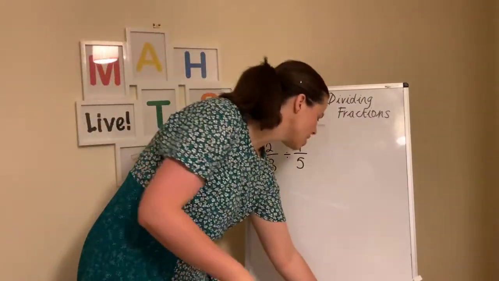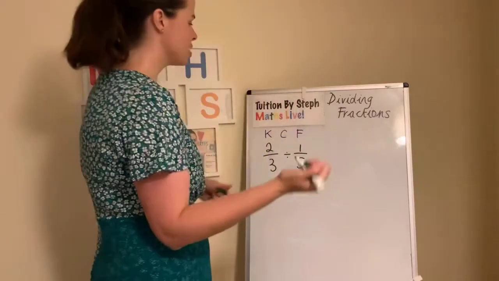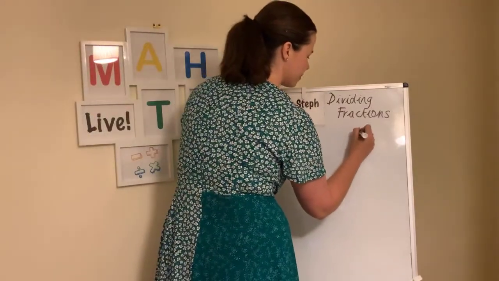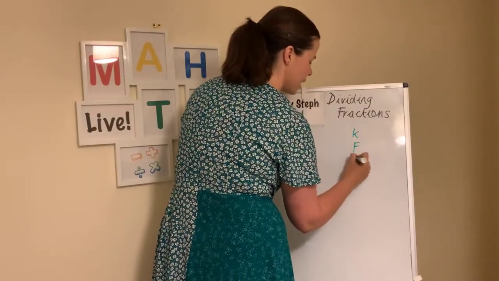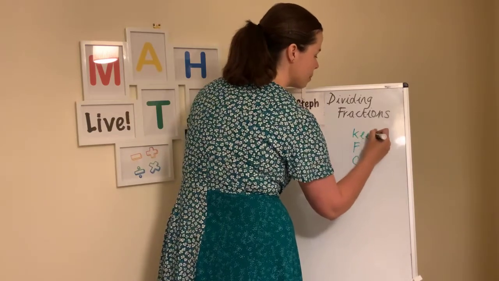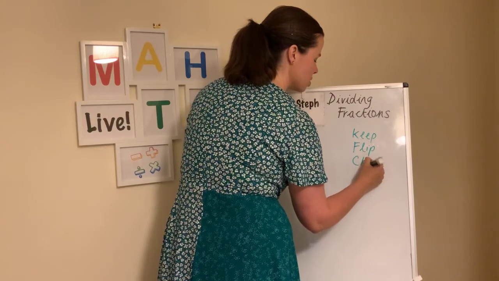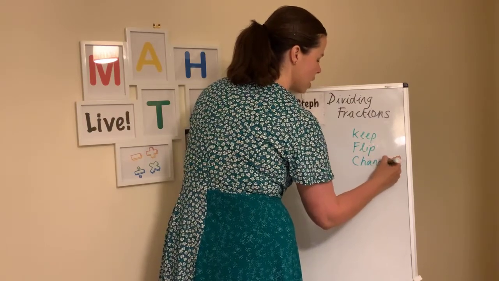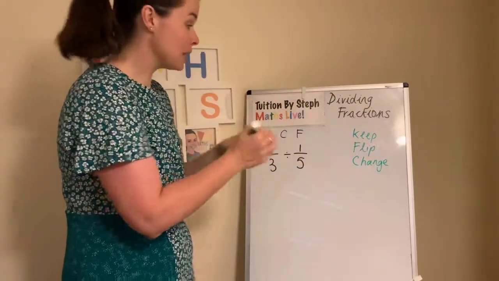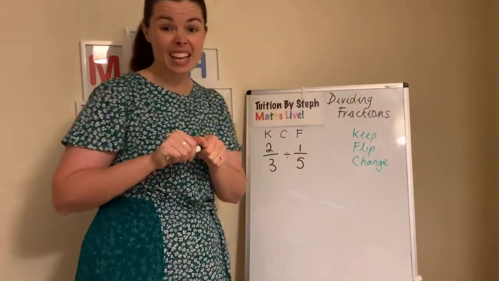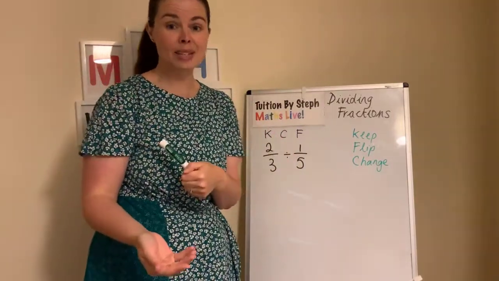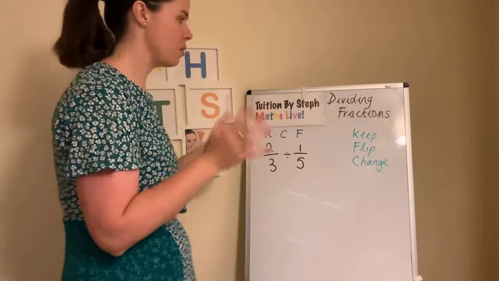And what does that stand for? In KFC, it stands for keep, flip, and change. Again, some actually use a slightly different word for C. I've seen the word correct being used instead, but everyone does it differently.